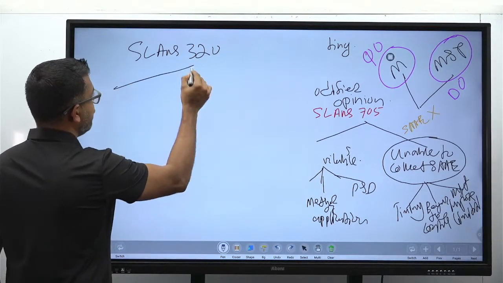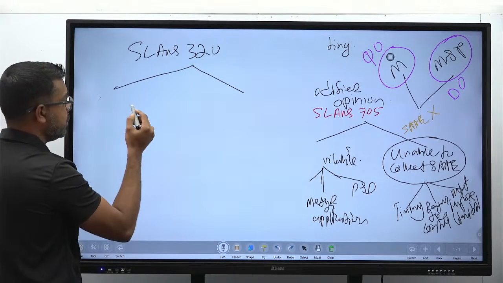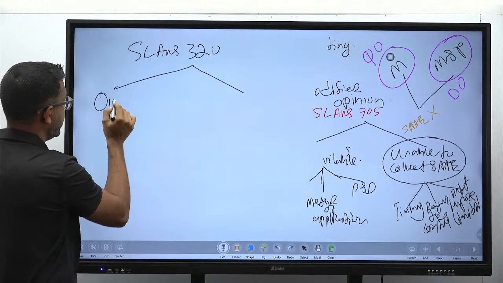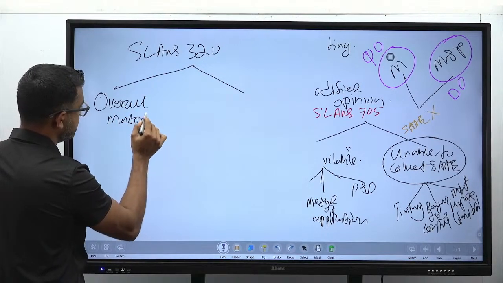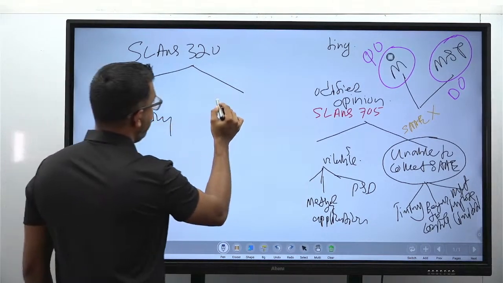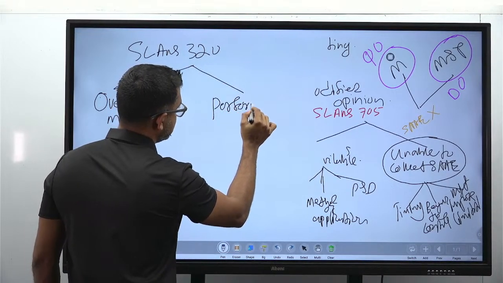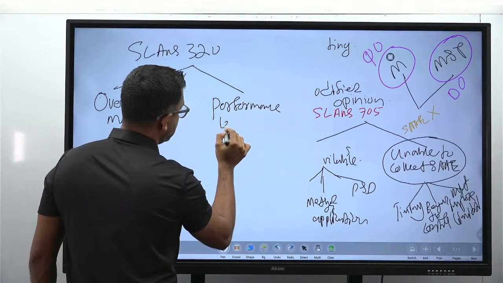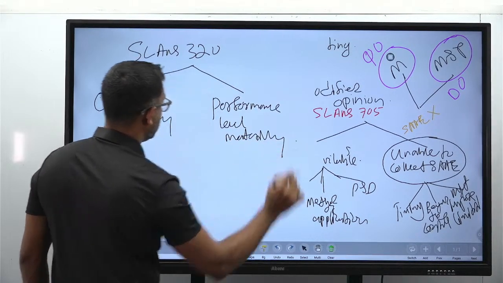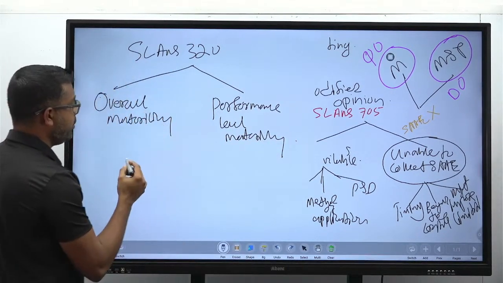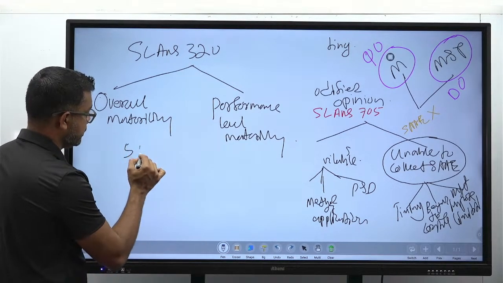There are two levels of materiality: materiality for the financial statements as a whole, which is called overall materiality, and performance level materiality. So let's say overall materiality is 5 million.